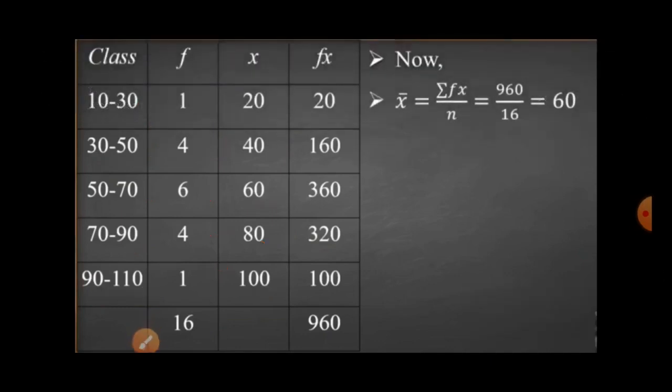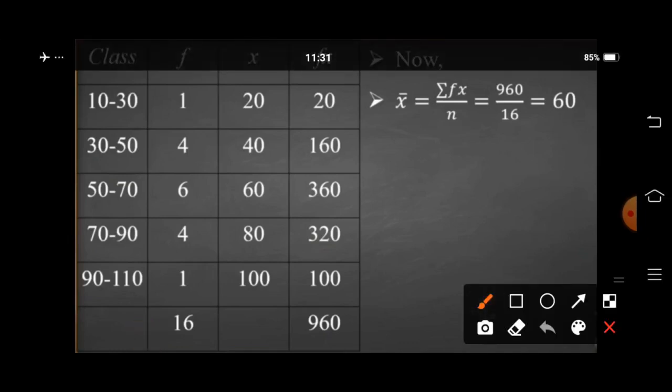Then find fx, because for finding the mean we need sigma fx. So for sigma fx, f into x: 1 into 20, 20. Then 4 into 40 equals 160. 6 into 60 equals 360. 4 into 80, 320. 1 into 100, 100.